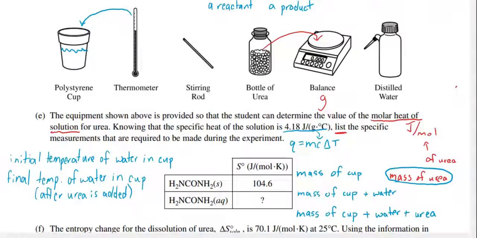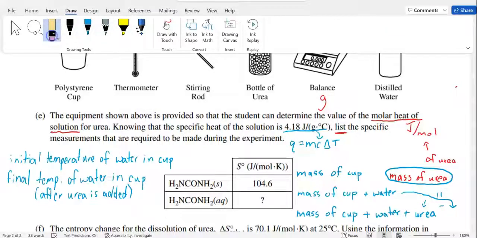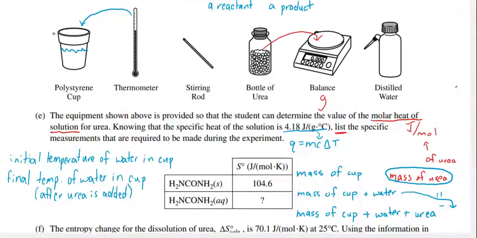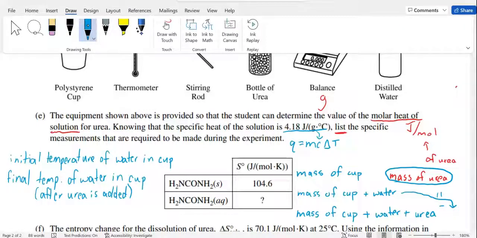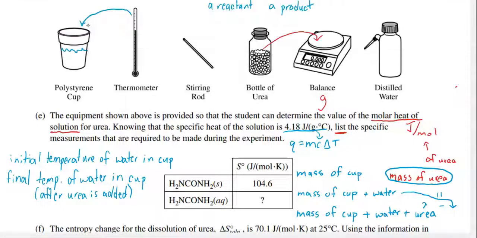So the mass of urea will be equal to the mass of the cup plus water plus urea minus the mass of the cup plus the water.